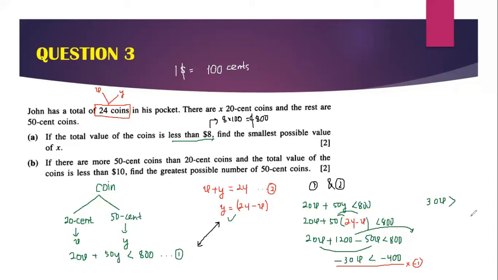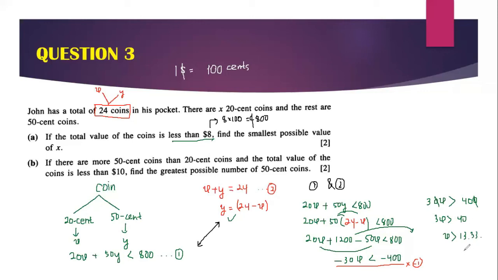Minus times minus 400 is positive 400. You can cancel here, so 3X greater than 40. So X greater than, how many? 13.333, right?